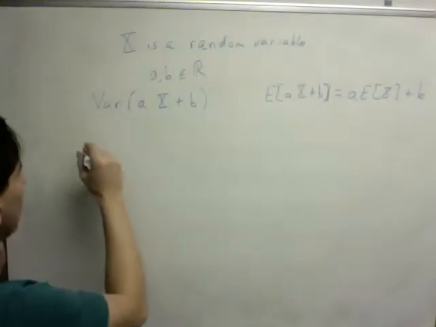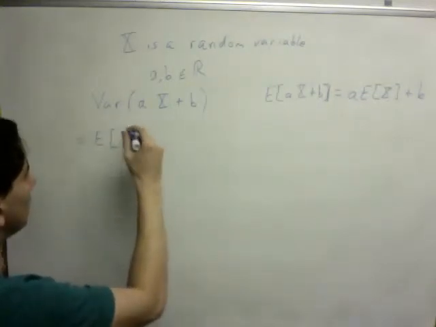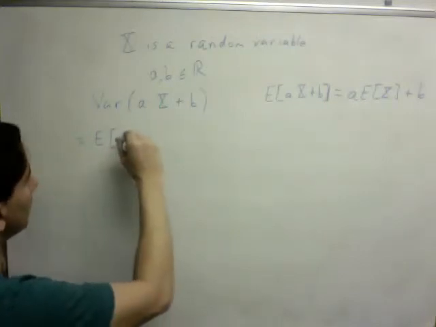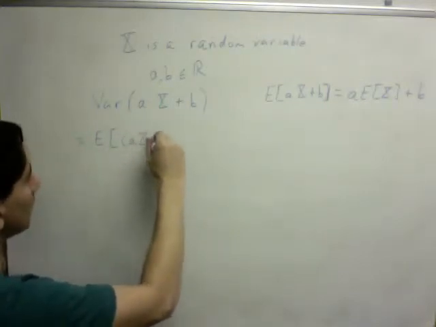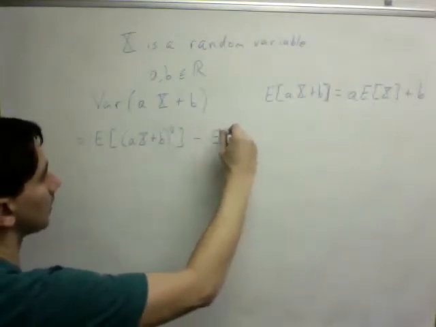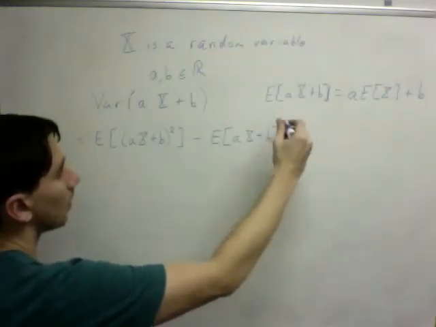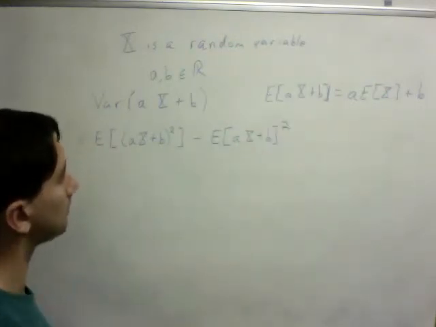So this is equal to the expected value of, let's see, which formula should I use? Let's use, I'll square it on the inside, (aX plus b) squared, and then minus the expected value of aX plus b, and then I'll square this on the outside.